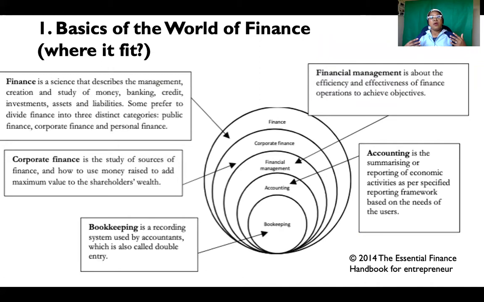Okay. I have mentioned the world of finance and how it integrates, from finance in terms of microeconomics, all the way down to how we are recording transactions. I think what you have to understand is that finance is not necessarily corporate finance, and it's also not financial management, and financial management is also not accounting. Accounting is not bookkeeping.